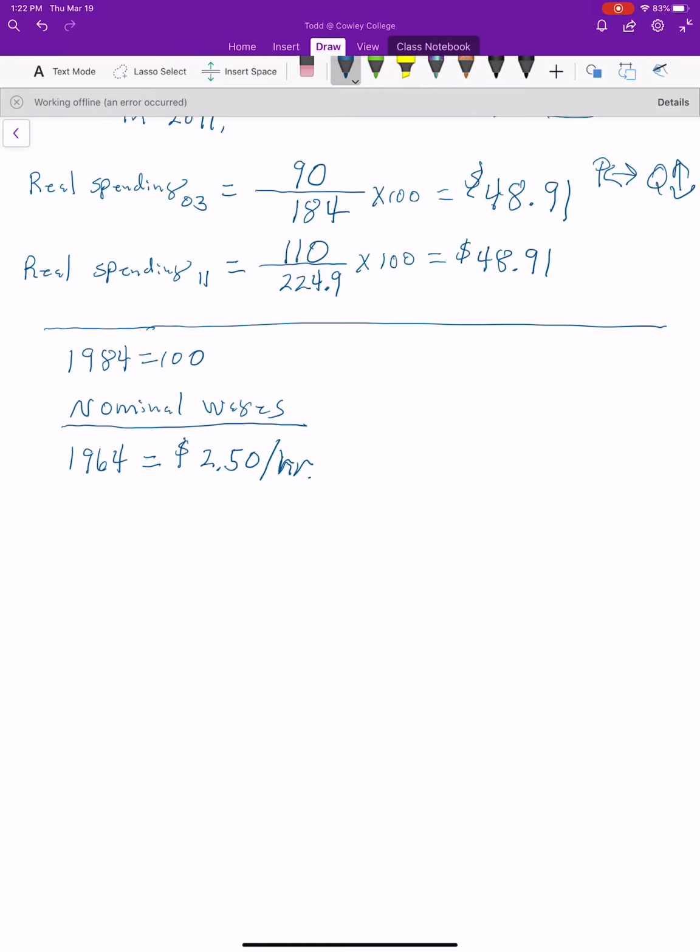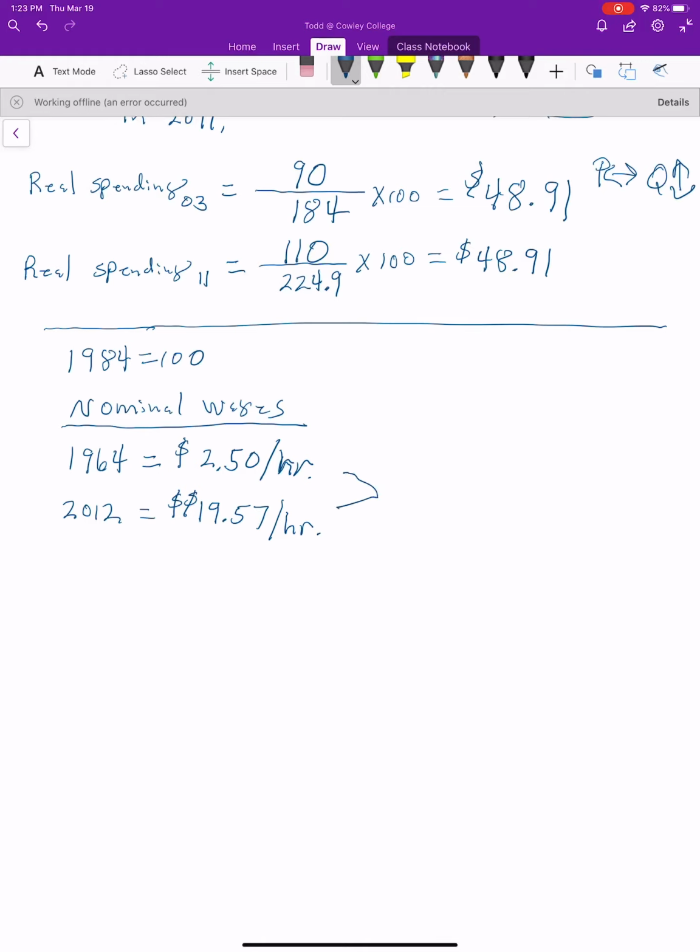But by the year 2012, nominal wages on average were $19.57 per hour. And that is clearly much, much larger.